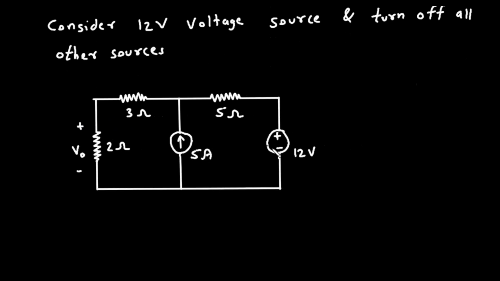When we are considering the 12 volt voltage source, we have to turn off this current source. And when we turn off a current source, we have to replace it by an open circuit. So this will simply be an open circuit.